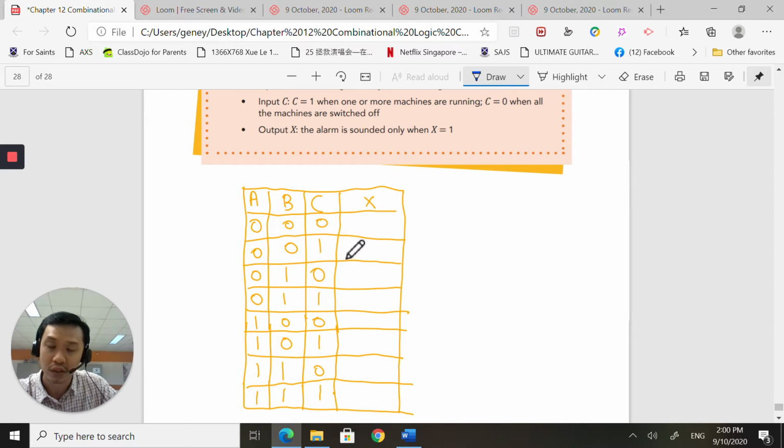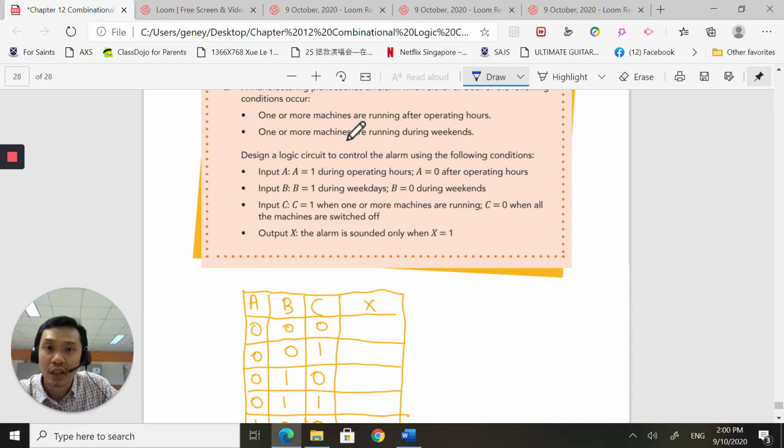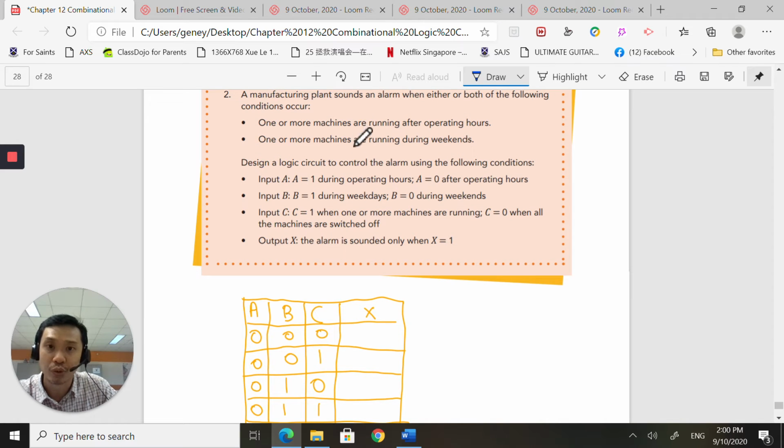Okay, and then let's look at a situation. The alarm X will ring, and rings means X is 1, when either or both of these situations occur. So one or more machines are running after operating hours.